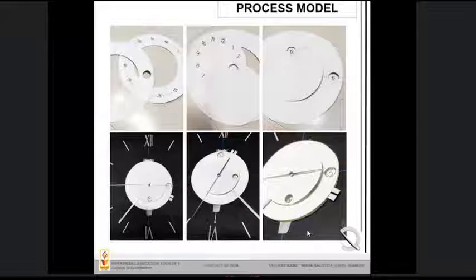So we further proceeded to the process model. The issue was that we first made the outer ring the minute hand and the inner one the hour hand. But due to some machine issue, we had to change it, and we made the minute hand the outer ring and the hour hand the inner one.